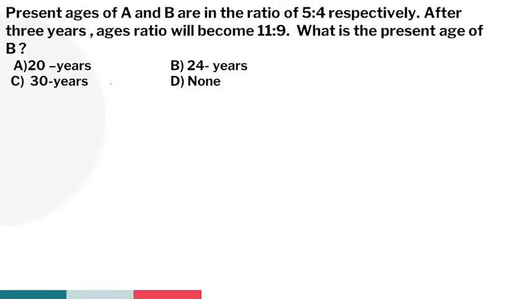Present ages of A and B are in the ratio of 5 is to 4 respectively. After 3 years, ages ratio will become 11 is to 9. What is the present age of B? What is the answer, guys? All of you, please respond in chat box.